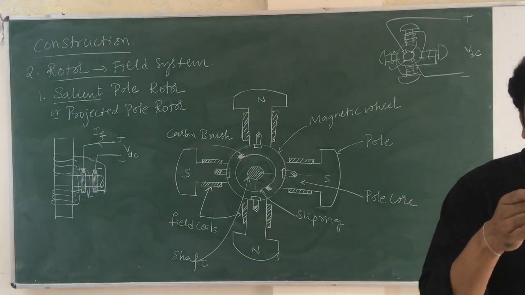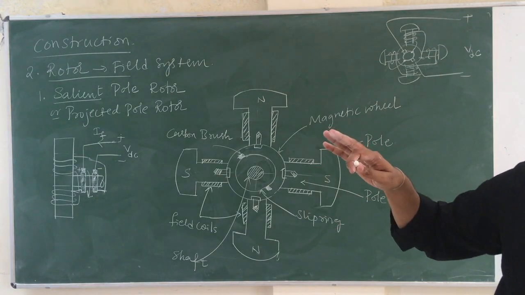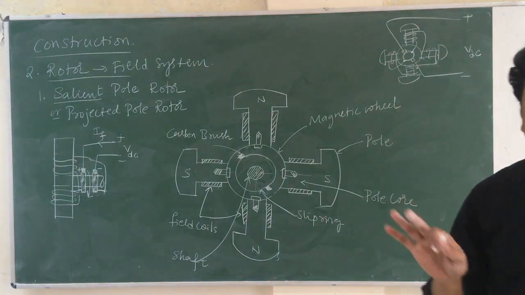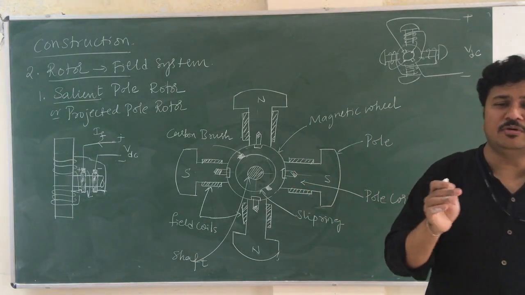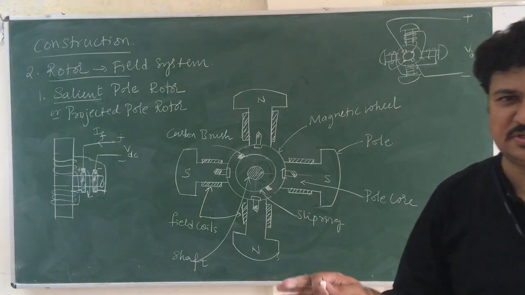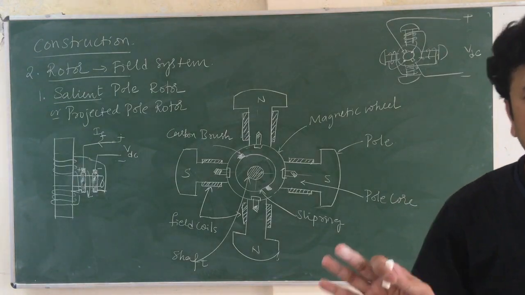Now how should the poles be created? If there are only two poles, one is north, one is south, it is very evident. If there are more than two poles, the number of poles can only be even, it can't be odd. I can't have 5 poles or 3 poles or 7 poles. It can be 2 pole, 4 pole, 6 pole, 8 pole, 10 pole, 20 pole, like that.